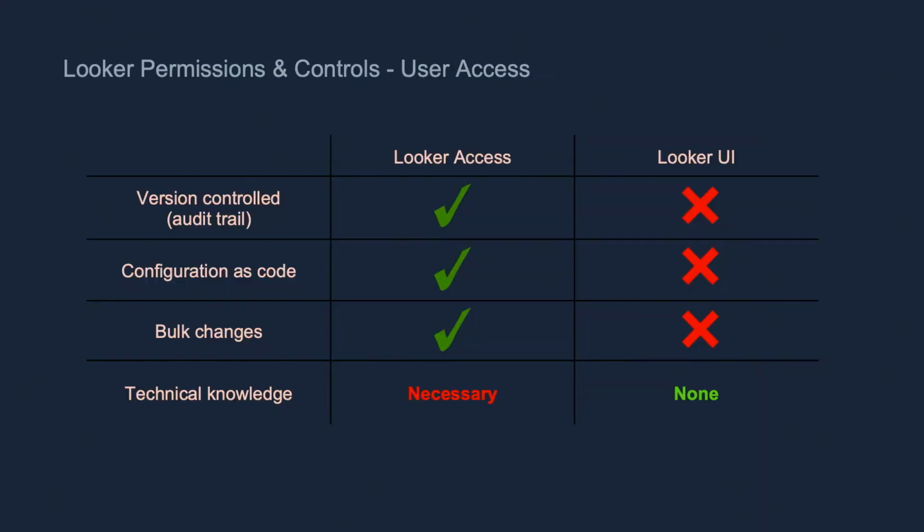And finally, it's more testable because, as I said before, if you implement it as part of your CI pipelines, you can have loads of unit tests. Thirdly, we can now bulk change. So in the event of a company acquisition or a departmental reorg, we can now manage that from an admin perspective with minimal fuss. The one thing is that it does require a bit of technical knowledge, but in our case, the benefits we just spoke about more than offset that limitation.